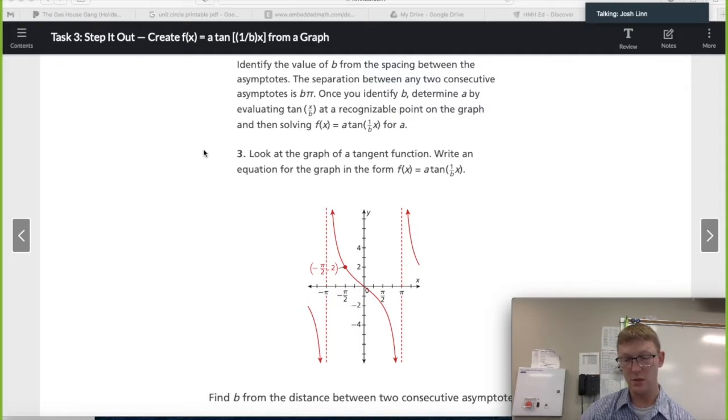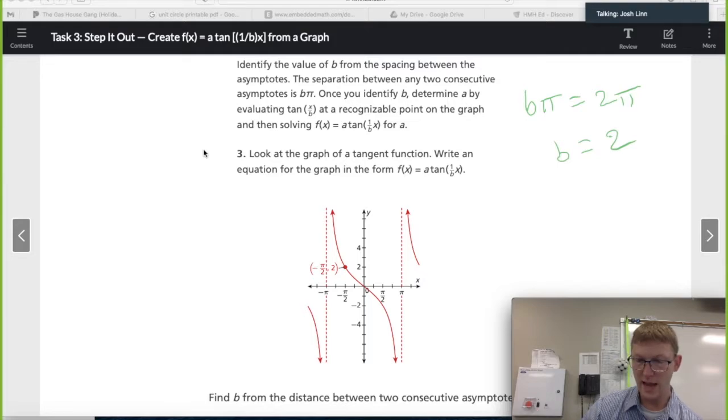So that would be 2 pi. So b pi equals 2 pi, so b equals 2. So now we can do some algebra and figure out the rest.